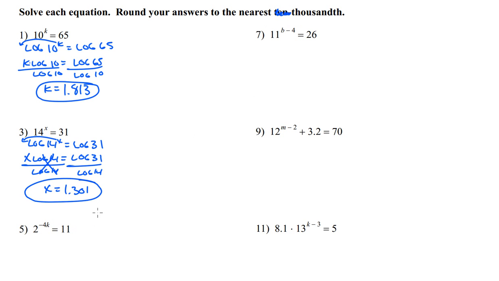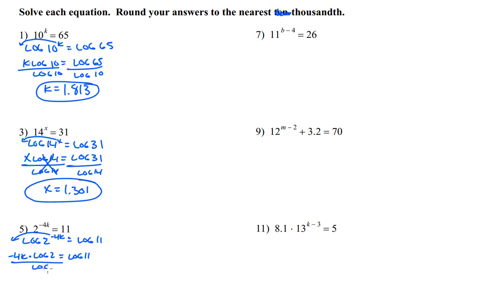Okay, and these are all pretty much the same idea, although they're going to have a few extra steps, especially when we get to 9 and 10. This one here, same idea. Log 2 to the negative 4k equals log 11. So this negative 4k comes out front, so we get negative 4k times log 2 equals log 11.